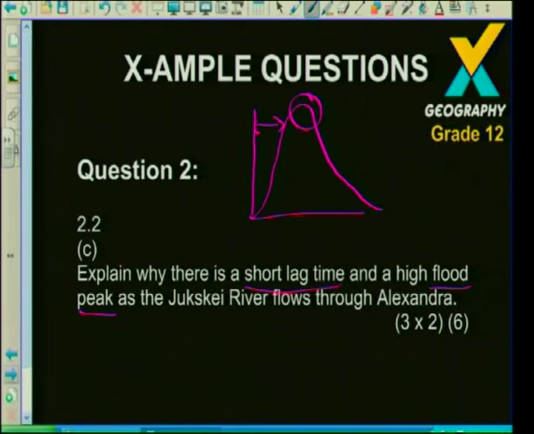So explain why there's a short amount of time from when it rains till when the river reaches its peak as the Yaxkay River flows through Alexandra. And in the article, it spoke about the artificial surfaces within that urban area. Artificial surfaces such as concrete or tar do not allow for infiltration. Because there's no infiltration taking place, there is a lot of runoff on the Earth's surface, and therefore we have a shorter lag time.